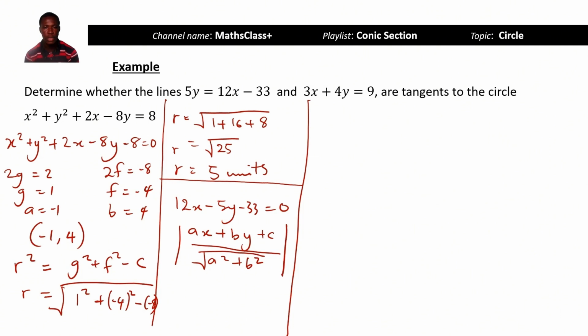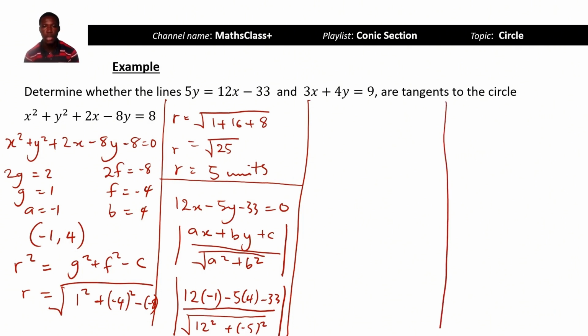When I substitute that, I'm getting 12 times negative 1 minus 5 times 4 minus 33 in absolute value, divided by the root of 12 squared plus negative 5 squared.